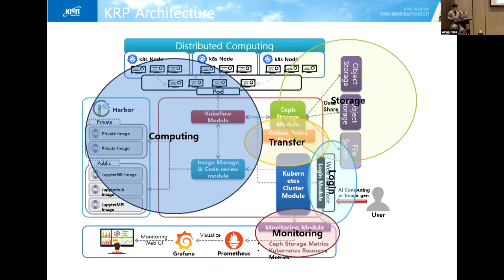Computing is divided into distributed computing and computing for individual users. In the case of distributed computing, AI work using GPUs of all distributed servers is possible. The components provide an API, and we use this API to compose the web interface.